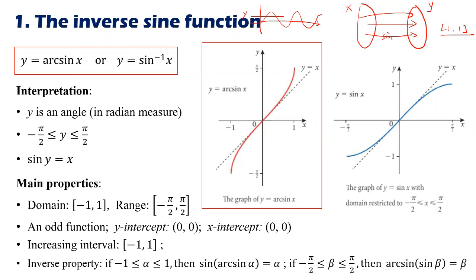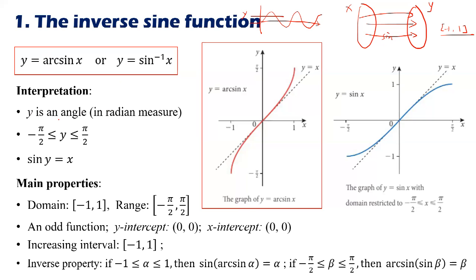Okay, so the inverse sine function is denoted by this symbol here. y equals arc sine x, or sometimes you can also write it like y equals inverse sine x. So this means, first of all, y is an angle, right? In radian measure.